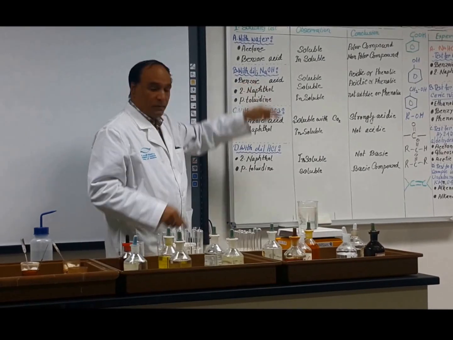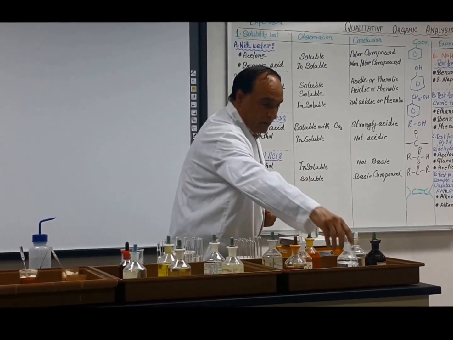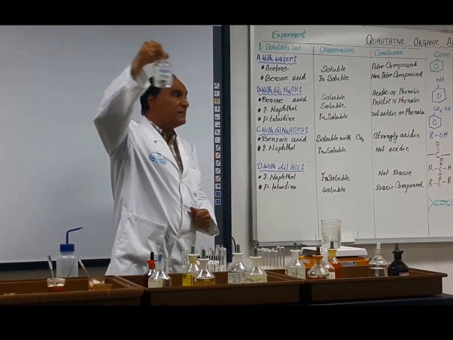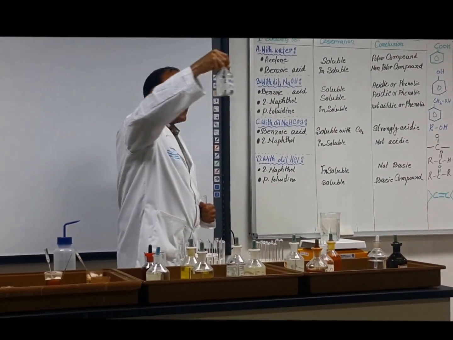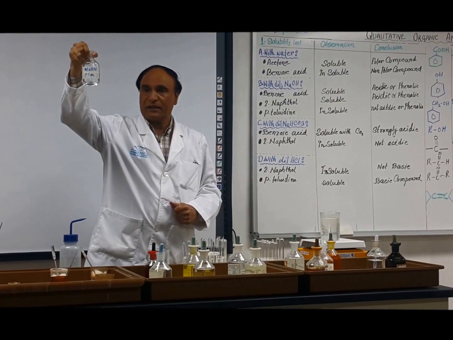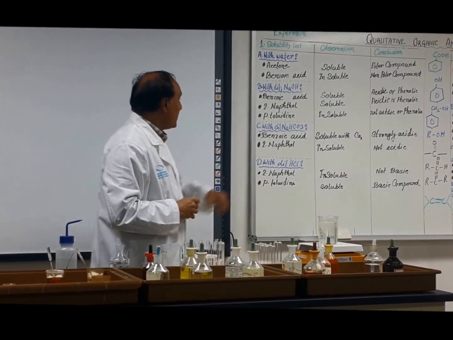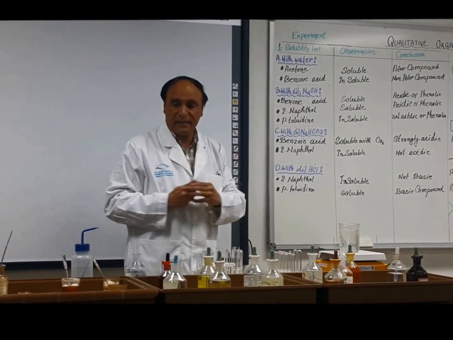Now I will check with sodium hydroxide. I just told you sodium hydroxide is a base, and it is also named an alkali because it dissolves in water. I will take benzoic acid once again.